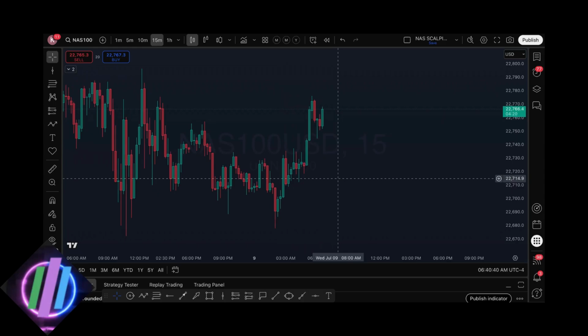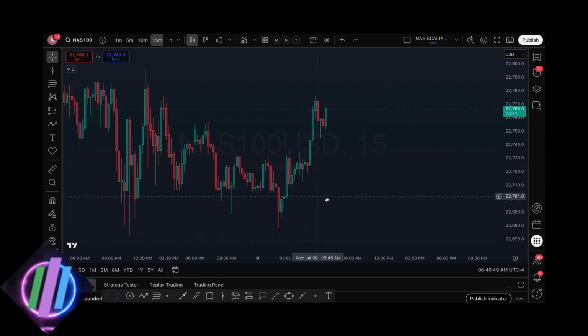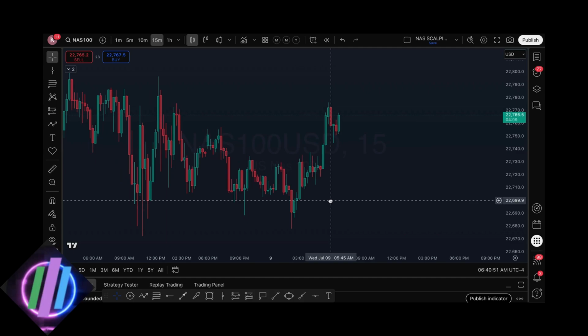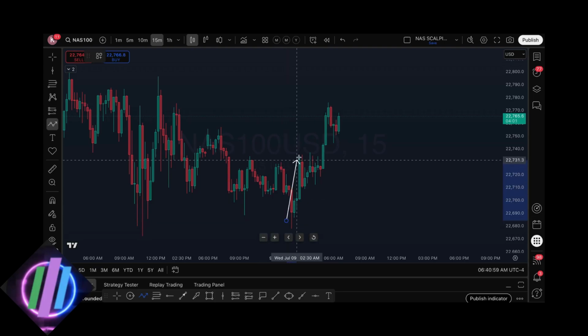Let's look into what a break of structure actually is. All a break of structure is, is basically confirming what the trend is. You have to have break of structures to really confirm the trend. So if you came to the charts and you only saw this high and this pullback right here, that doesn't confirm an uptrend.